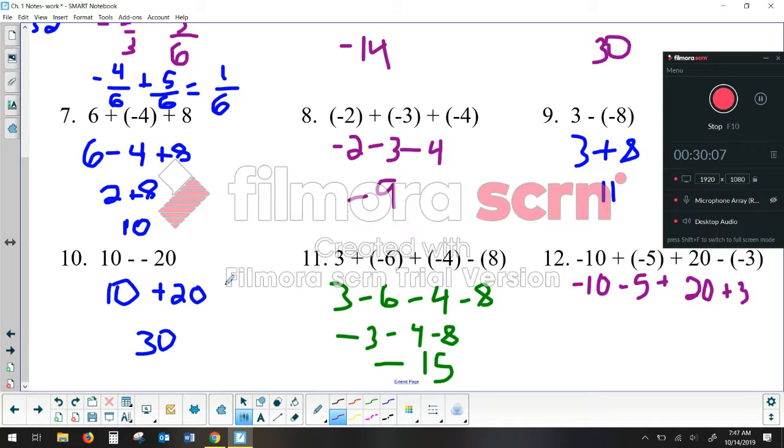So they are on the same team, negative 15 plus 20, 3. I'm just going to combine them. You can do that if you see that these are on the same team too. So now who's winning? Our positive team is winning. Our positive team is winning by how much? 8. Okay.